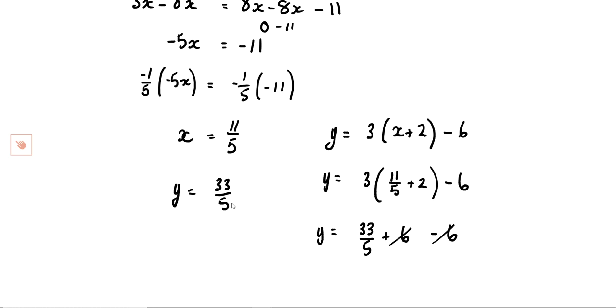Okay, so we've got now, what does that mean again? That x and that y, remind me? That's the point of intersection, which means that if I have 11 divided by 5 hours, doesn't make sense number-wise, they both charge me the same amount of money, right? Either side of that point, it will be different. But that's what the simultaneous equations mean.